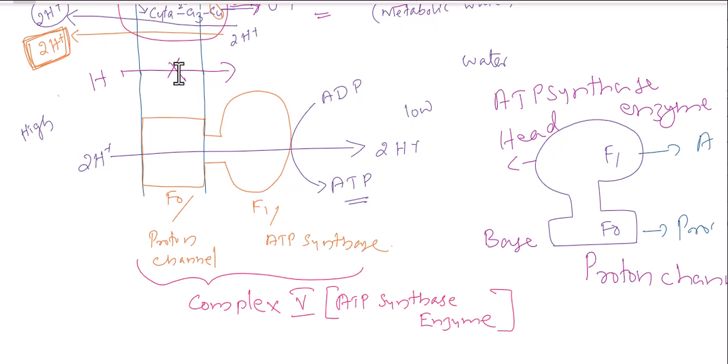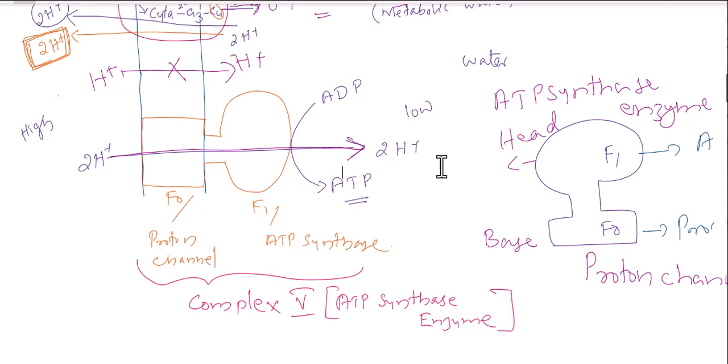So the movement of the proton can occur only through this region into the inner compartment. That is the importance. F0 acts as the channel for the movement of protons, helping in the facilitated diffusion of protons from outside to inside.